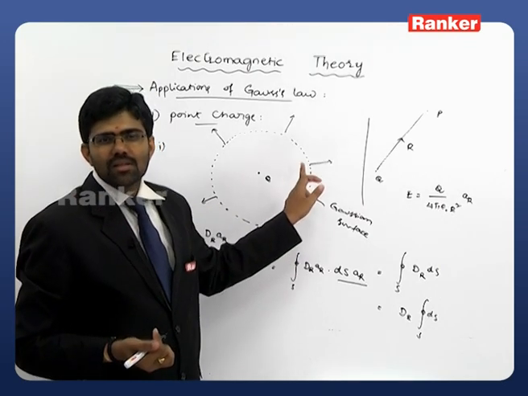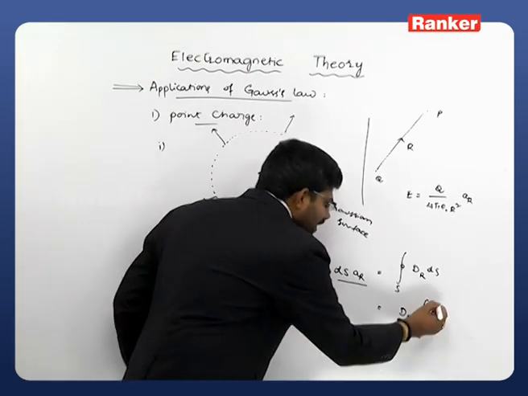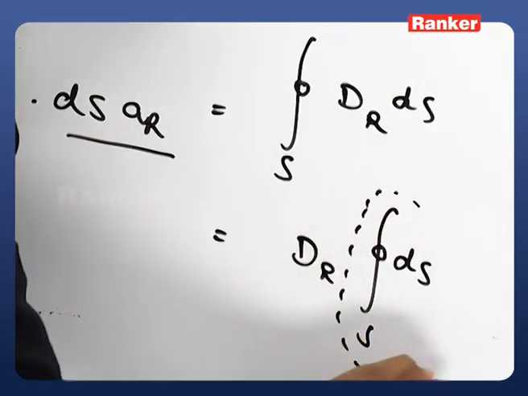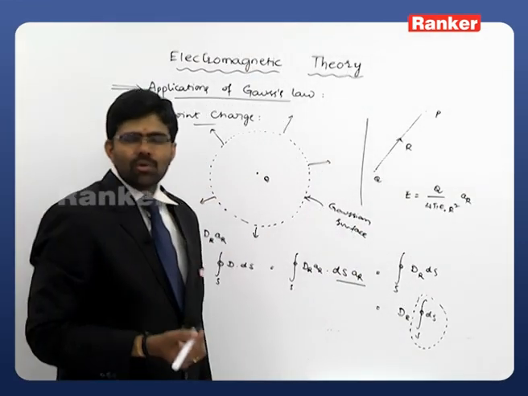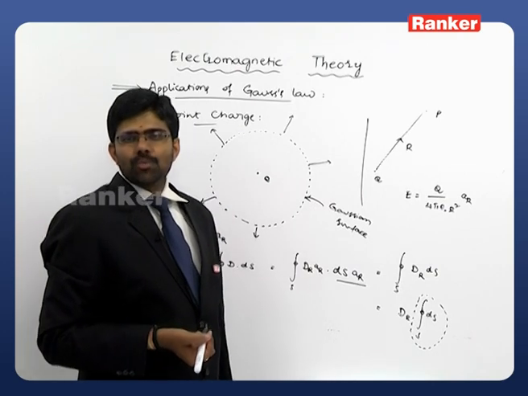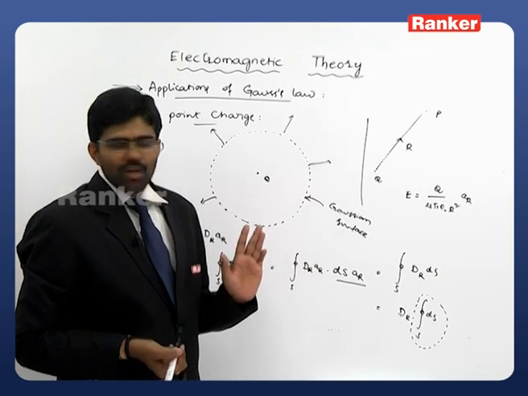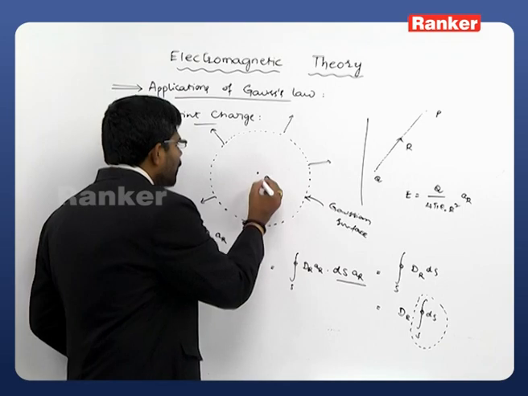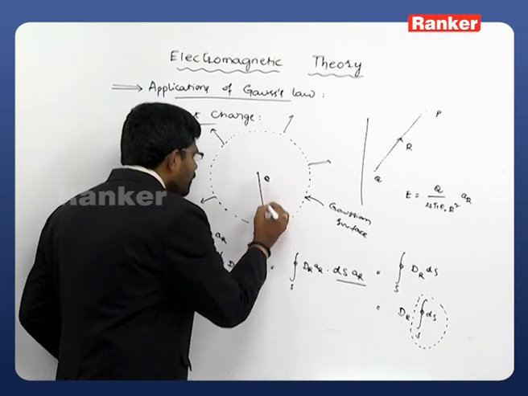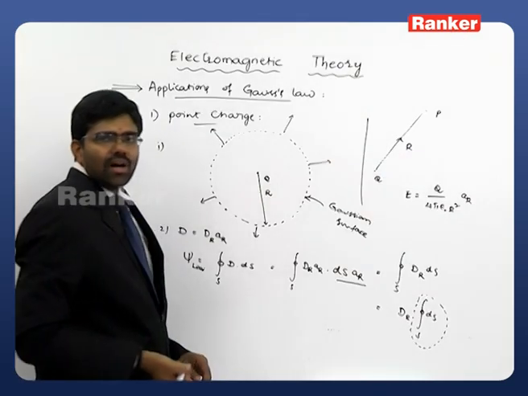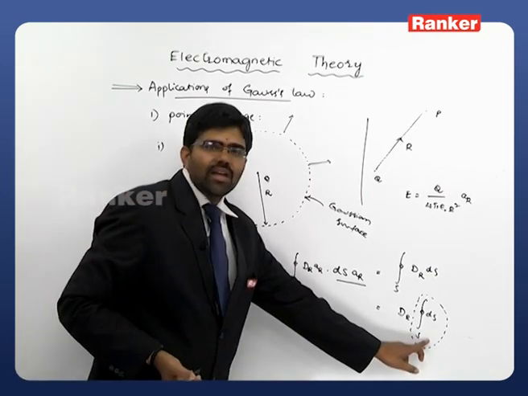So directly we can write down the mathematical equation for this. We know the surface area of a sphere is simply 4 pi r squared. So just take the radius of our Gaussian sphere as r and replace the surface area here.